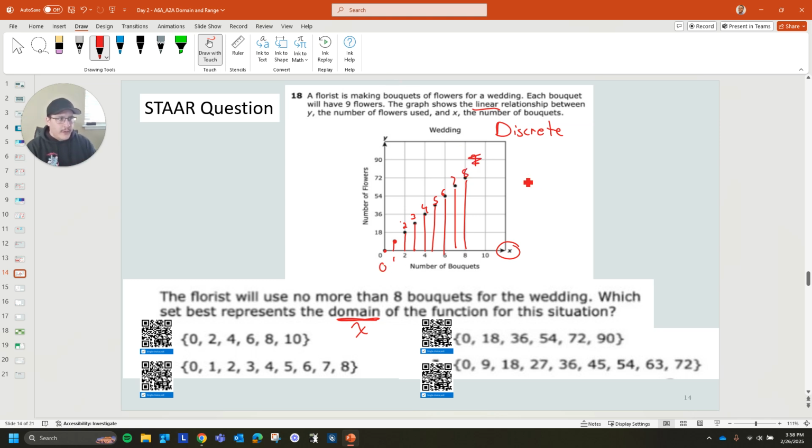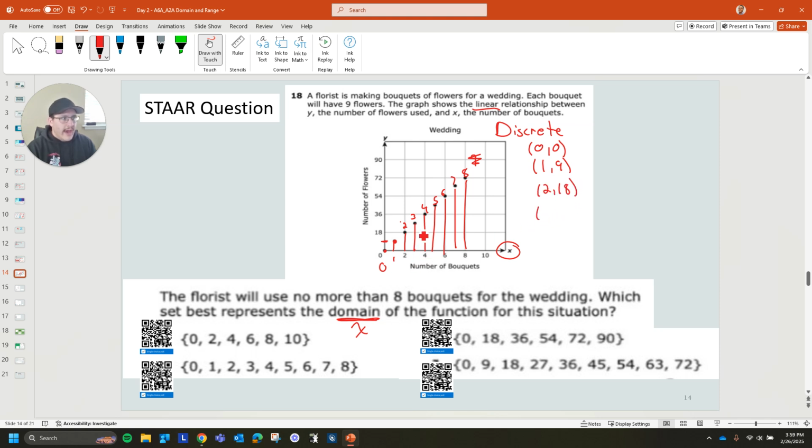Or if you would like, you can list all the individual points. So for this first point, it's 0, 0. For the next one, that looks like it's halfway between 0 and 18, so that's 1, 9. 2, 18.